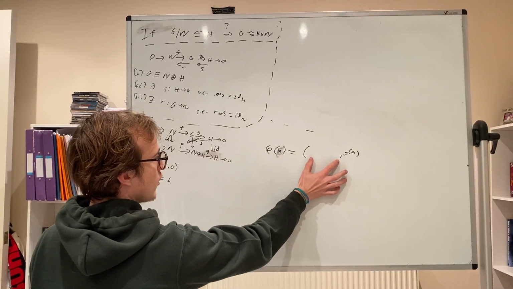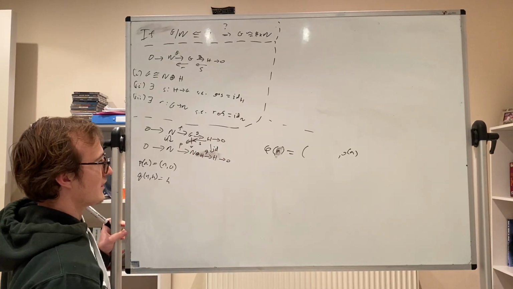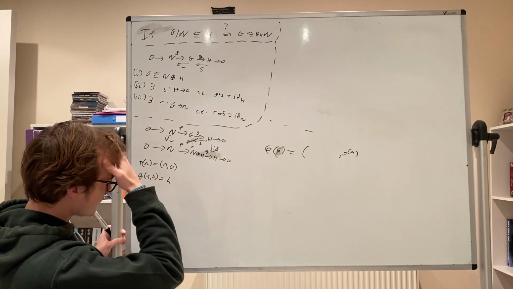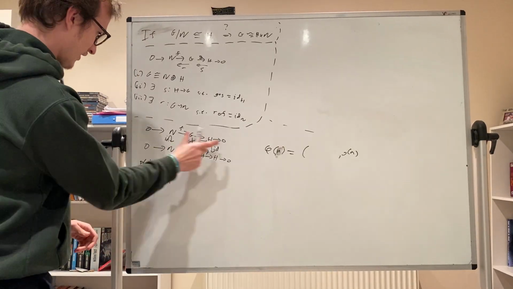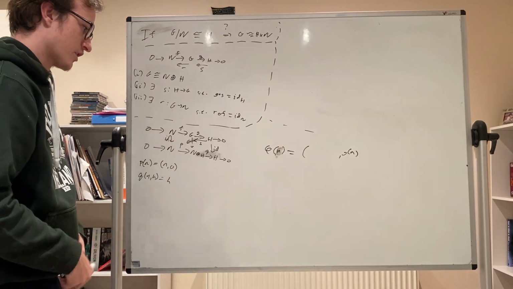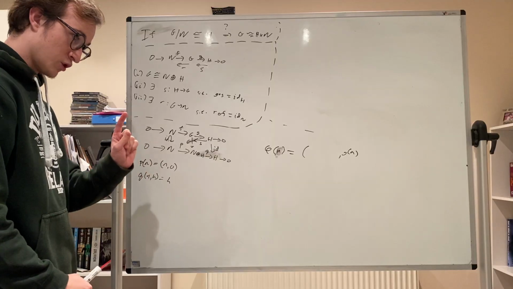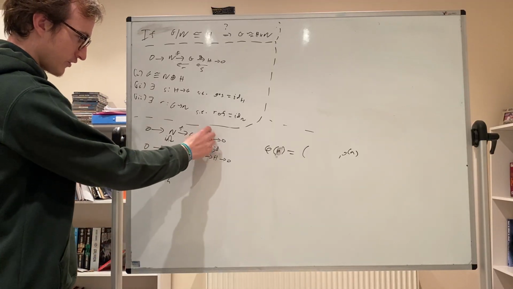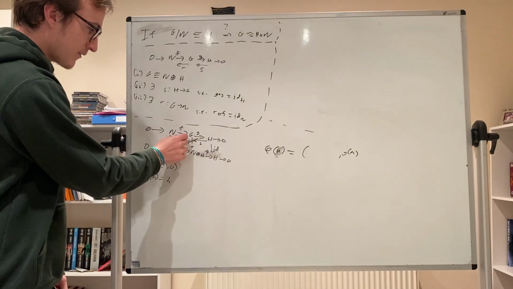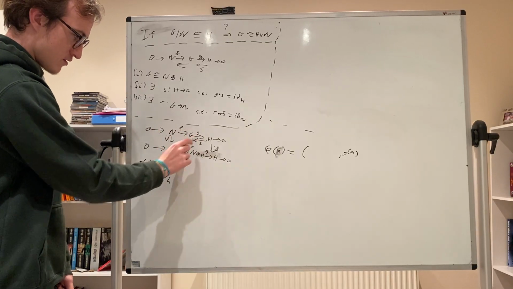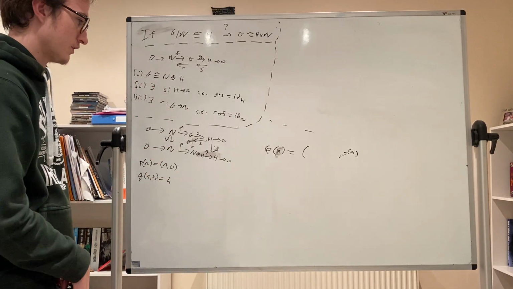The real question is, how are we going to get N involved? You might notice we haven't used the fact that there's a section here, and this is where we use it. Notice that because this sequence is exact, the image of f is equal to the kernel of g. So if we can somehow get a member of the kernel of g, then we have a member of the image of f, and since f is injective by the fact that this is a short exact sequence, if we're already in the image of f, then we can take f inverse.